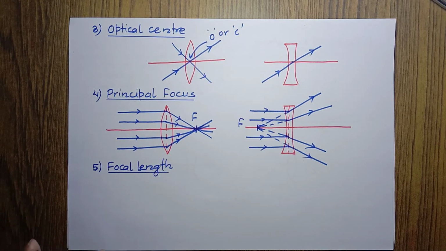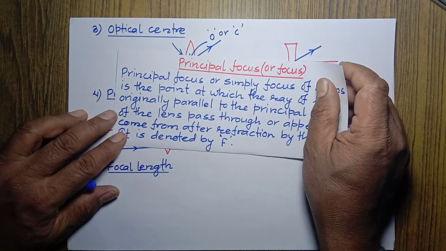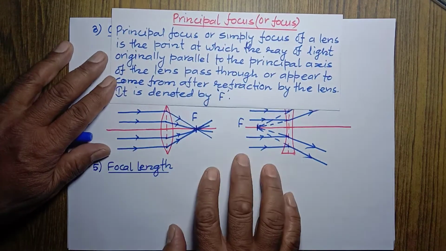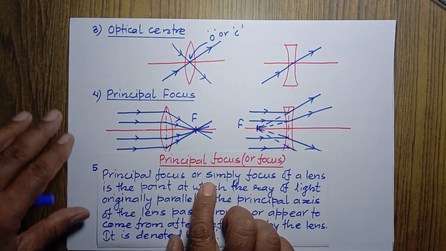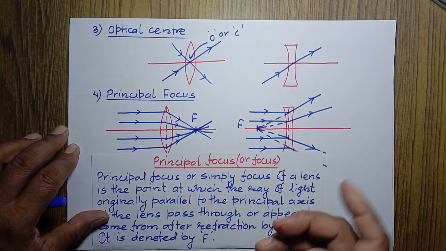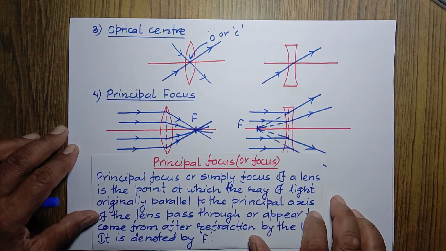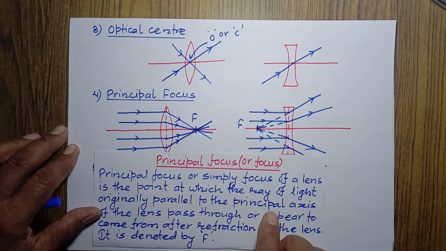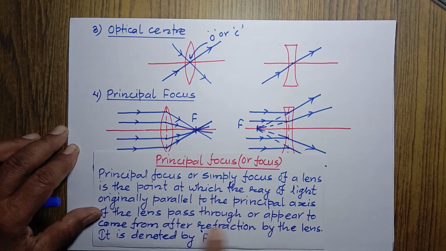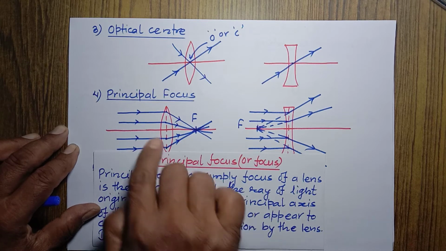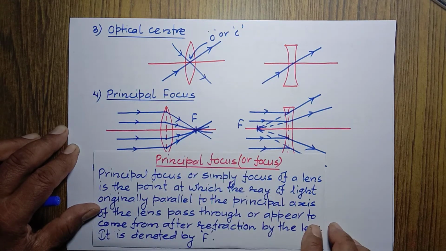This way, how can we define principal focus? It can be defined this way. Look at this. Principal focus, or simply focus, which is also called just the focus only. Simply, focus of a lens is the point at which the rays of light originally parallel to the principal axis of the lens pass through or appear to come from.